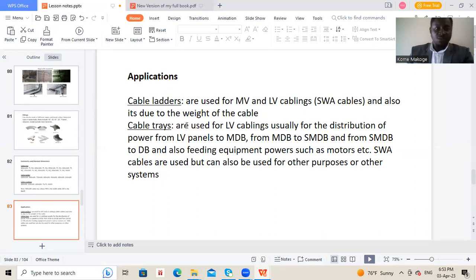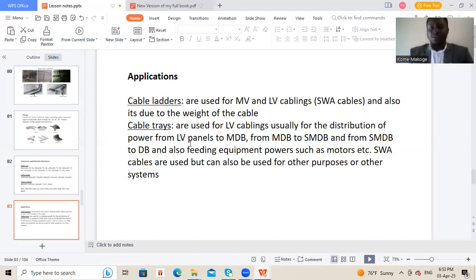Then we have cable trays, which are used mostly for LV cables or every cabling, usually for distribution of power cables, either leaving from MDB or leaving from MDB to sub-main distribution board or from sub-main distribution board to distribution board.